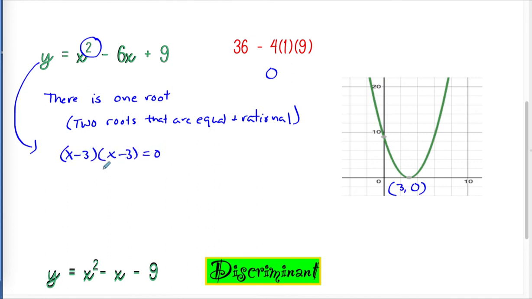And when we set it equal to 0 to find the roots, see, there are 2 roots and they just happen to be 3. So I know I really shouldn't say there is 1 root. It really should be there are 2 roots that are equal and rational. So let's kind of cross that out right there.